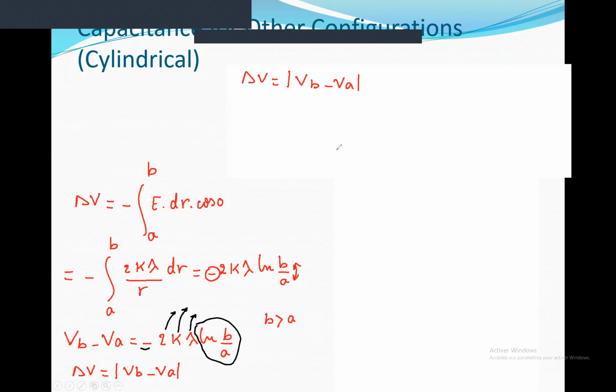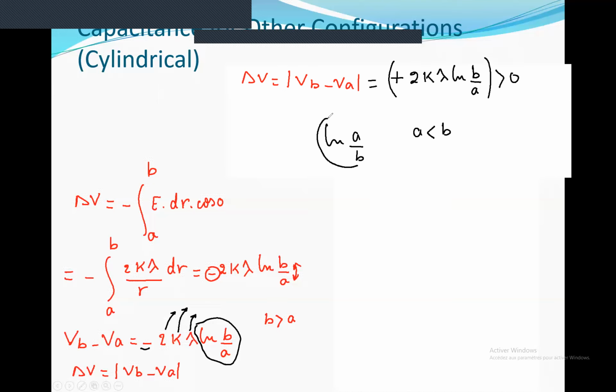So delta V must be the absolute value of VB minus VA, so equals plus 2k lambda ln B divided by A. This value must be positive, because if you have, for example, ln A divided by B, and A is smaller than B, in this case ln A over B is negative.